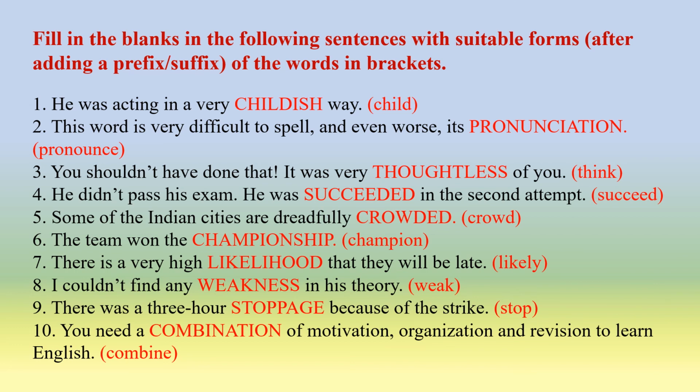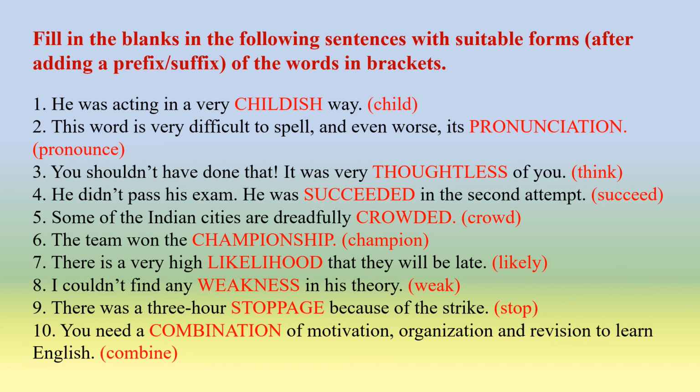Here again we added a suffix to the root word crowd. Sixth one, the team won the championship. What is the root word? Champion. Based on the root word champion, according to the sentence, we give a suffix to the root word champion. So the new word here is championship.